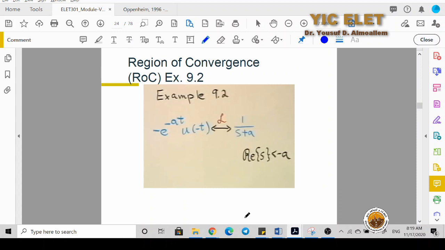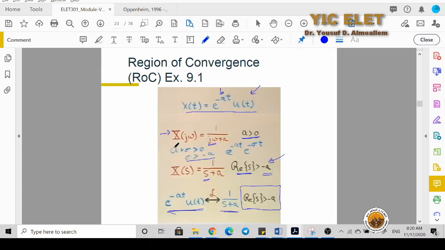Now, another example, what if we get this function? And this function compared to the previous one is just switching the t.